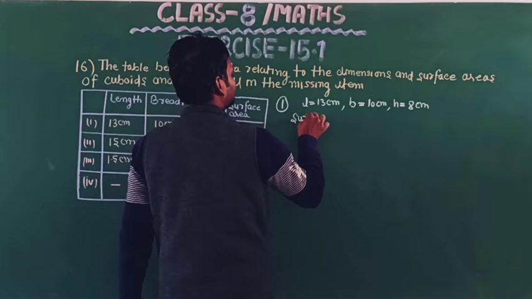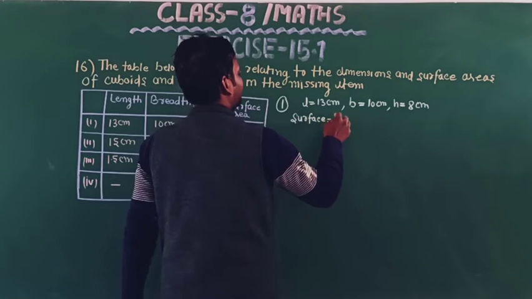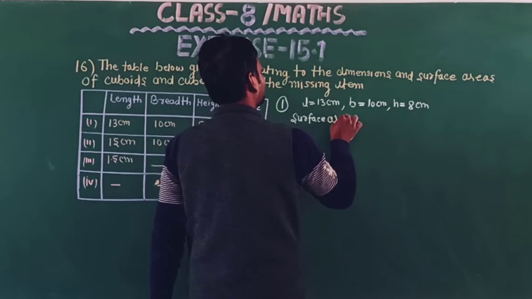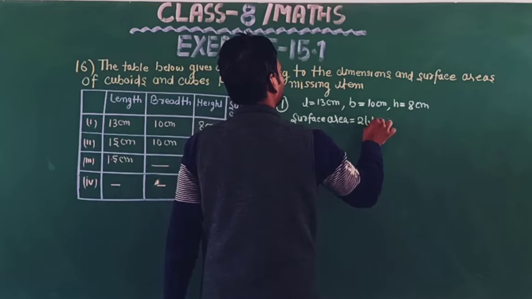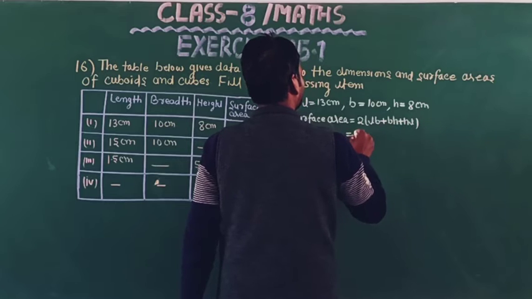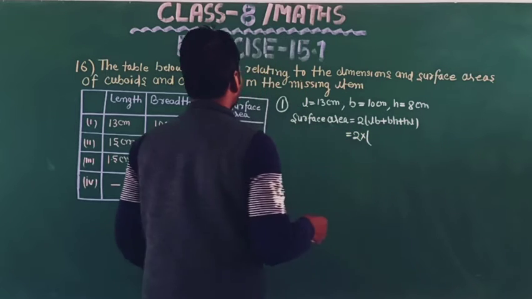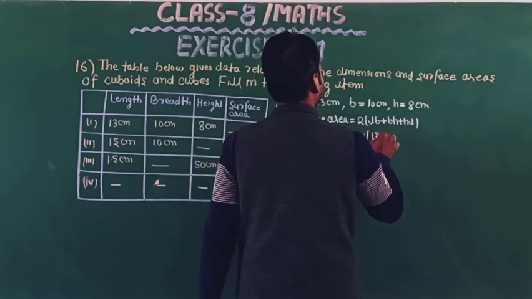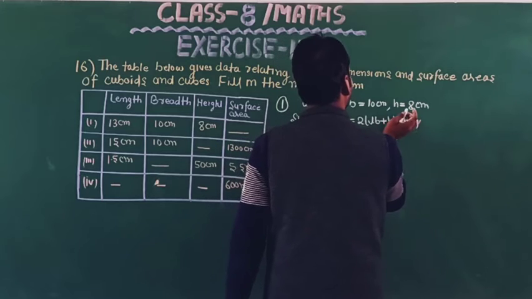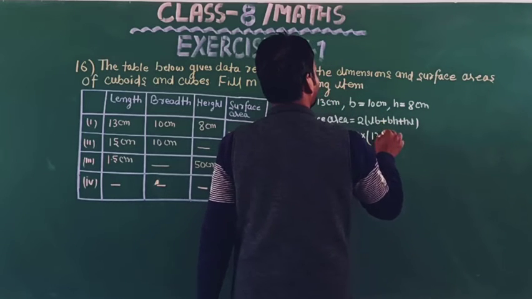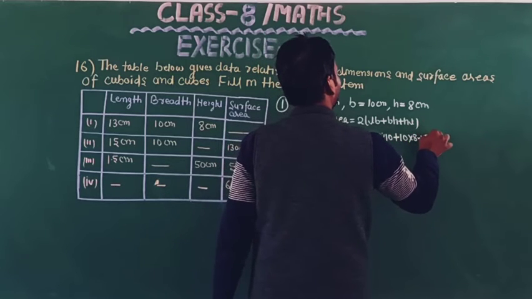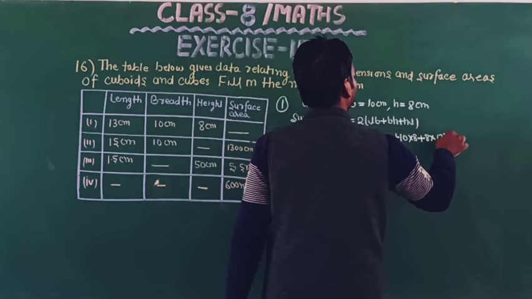So the surface area of a cuboid equals 2(LB + BH + HL). Now substituting the values of the dimensions: L is 13, breadth is 10, height is 8.